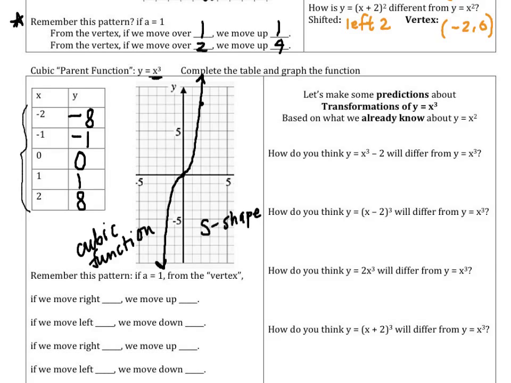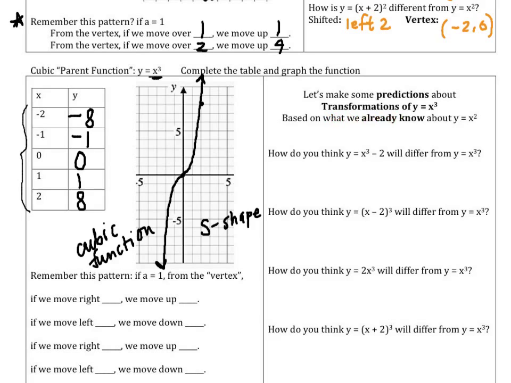Okay, so now I'd like you to make some predictions about transformations. Transformations, remember, are translations, like moving up, down, right, or left, and also include vertically stretching or shrinking.